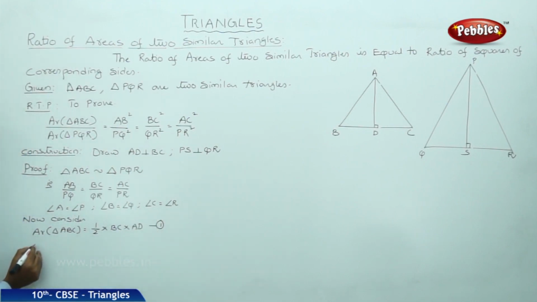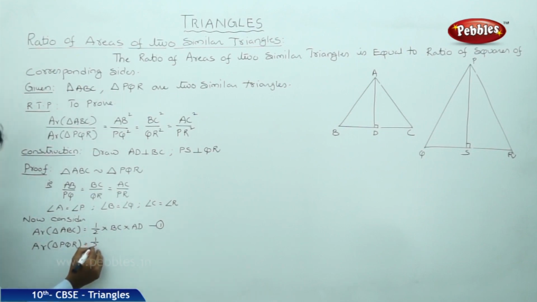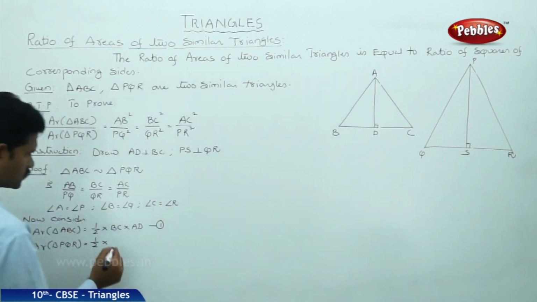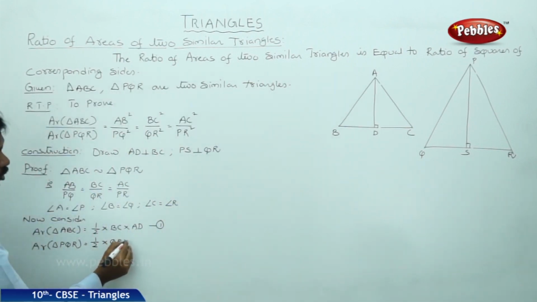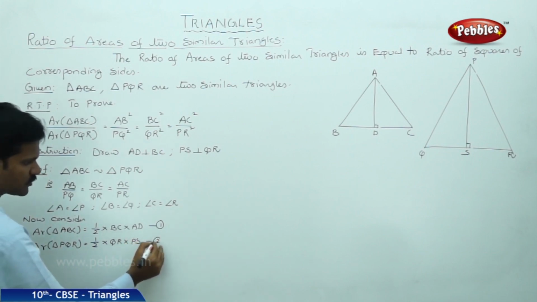Again area of triangle PQR equal to half into base QR into height PS. This is equation 2.